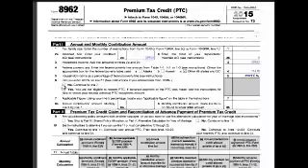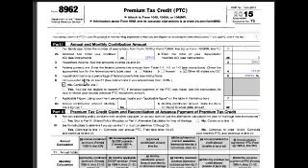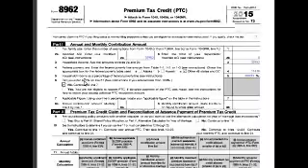In this case, it is no. Remember, if you're over 400%, let's say at least 401%, you can't get any premium tax credit. You will have to pay back all the advance payment of the premium tax credit from the marketplace.